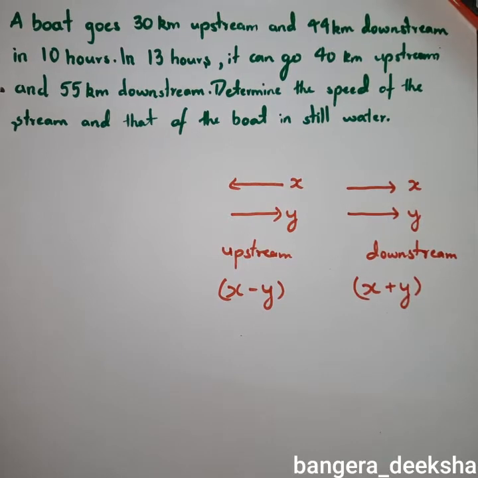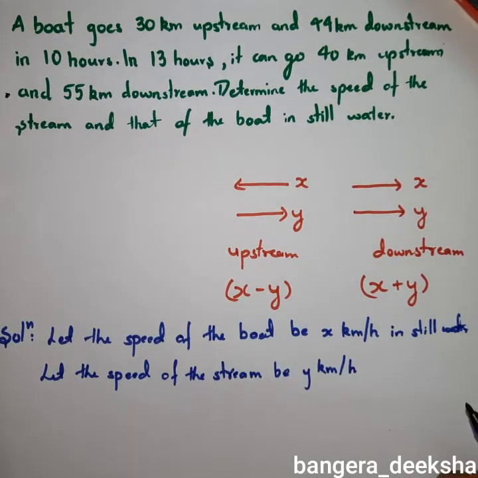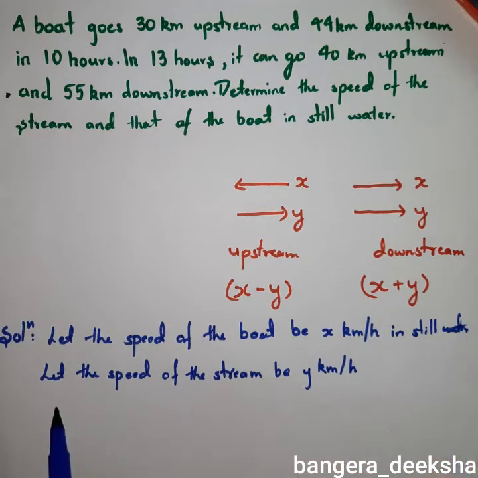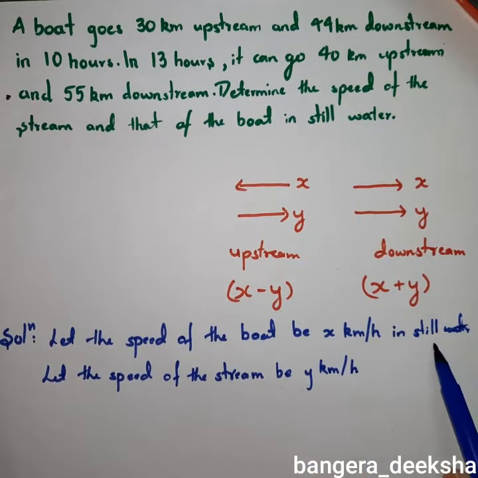Let us write these in words. Let the speed of the boat be x kilometer per hour in still water. Let the speed of the stream be y kilometer per hour. We are writing still water in the sense that, to determine the speed, we are considering still water and not a stream.